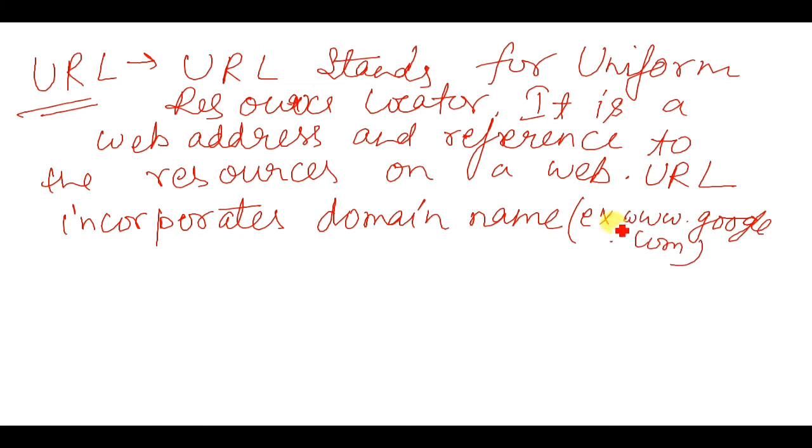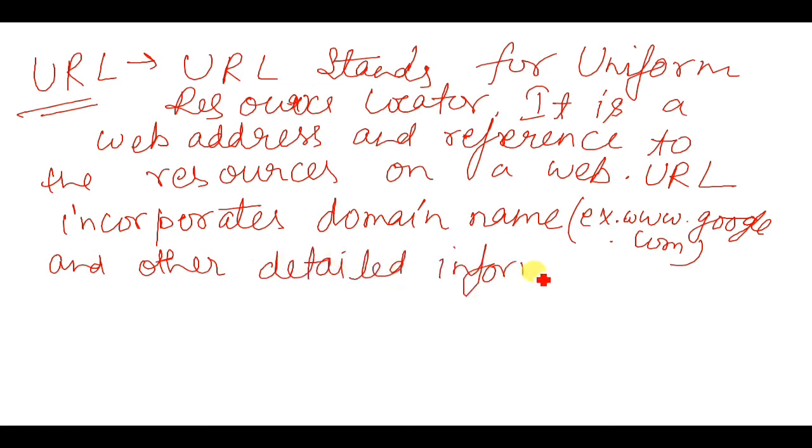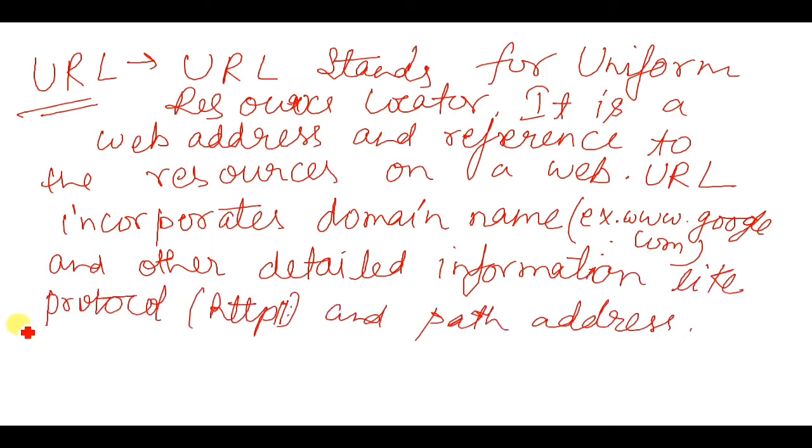Here www stands for World Wide Web, and the founder, the father of www, is Tim Berners-Lee. And .com is an extension. Like we have file extensions, here also an extension.